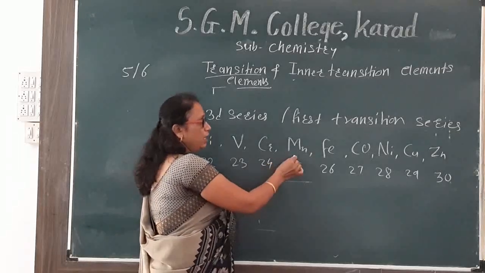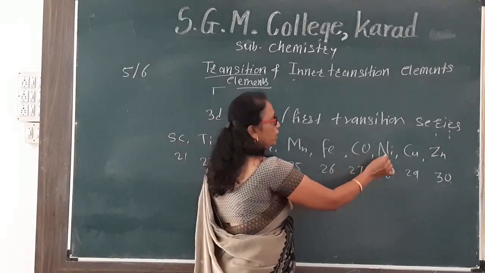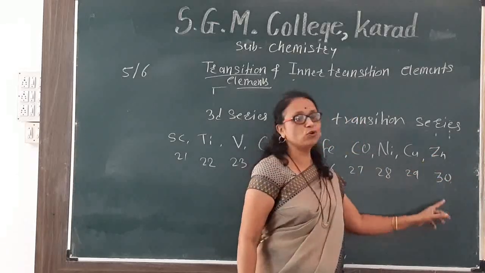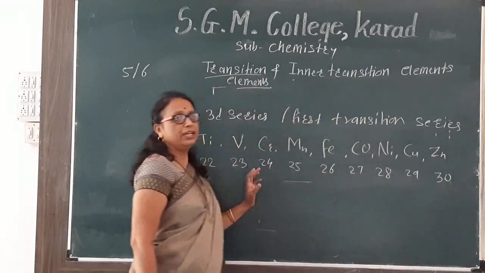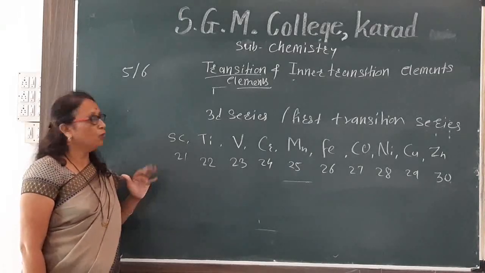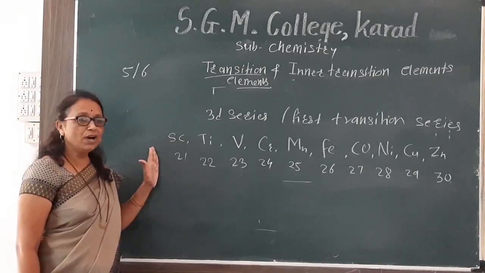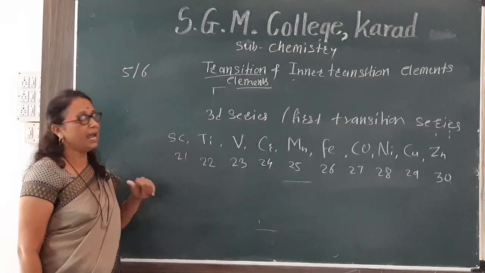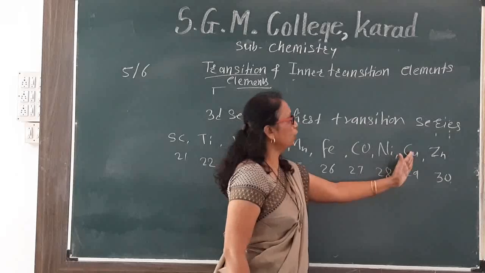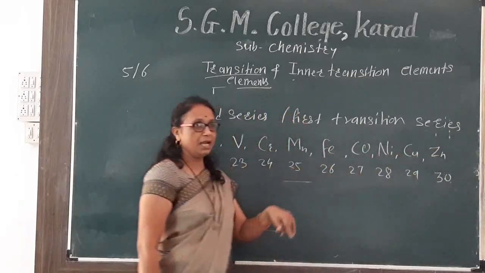My number is O Ni Cu Zn 30. That is, the atomic number of zinc is 30. Our science teachers invented a video cassette recorder and its number is O Ni Cu Zn 30.